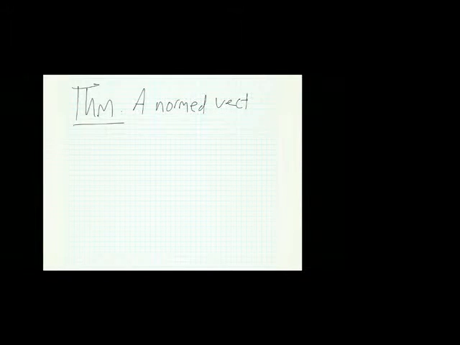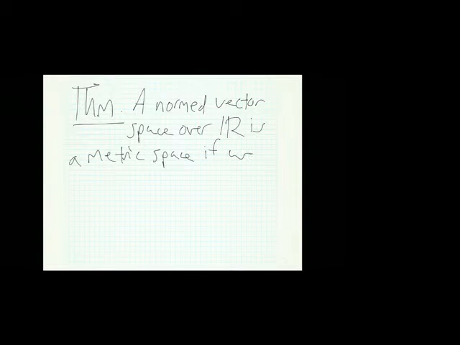A normed vector space over R is a metric space if we define the distance in the following way. So maybe let's switch back to V and W. So V and W are vectors in a normed vector space.